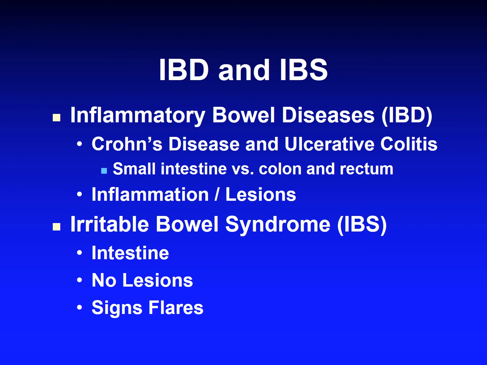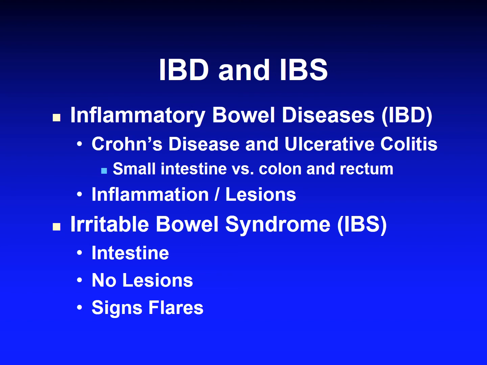In these diseases, I should say, there is inflammation and there are lesions. You can see lesions endoscopically. In the case of irritable bowel syndrome, IBS, there will be no lesions. It happens in all the intestine.